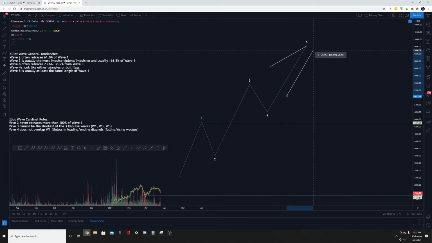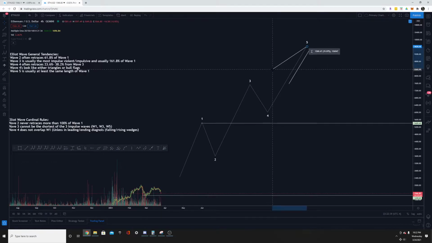Does that look like a rising wedge? Yeah. For the sake of argument, just say that looks like a rising wedge. Maybe like this, just bear with me. All right, so it'll be like that, right?